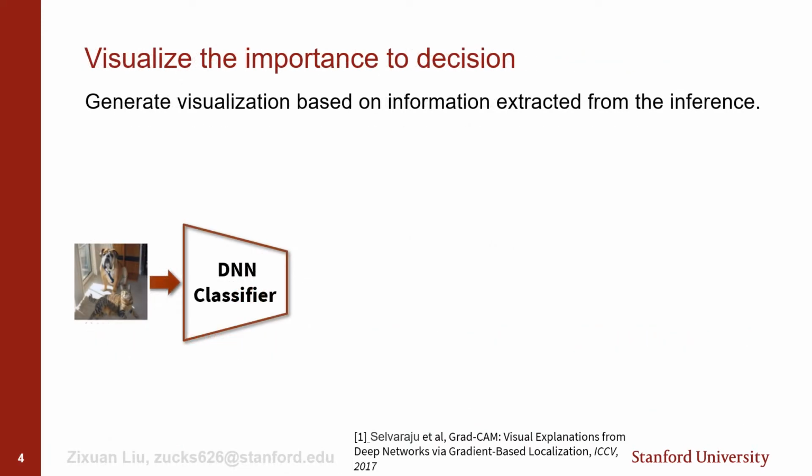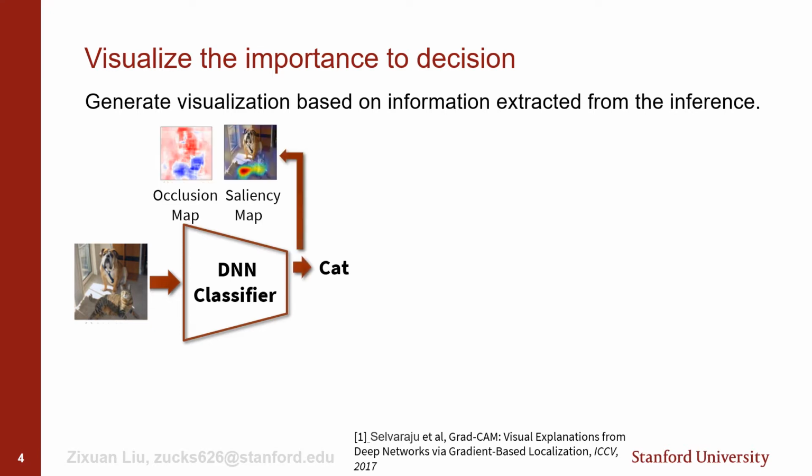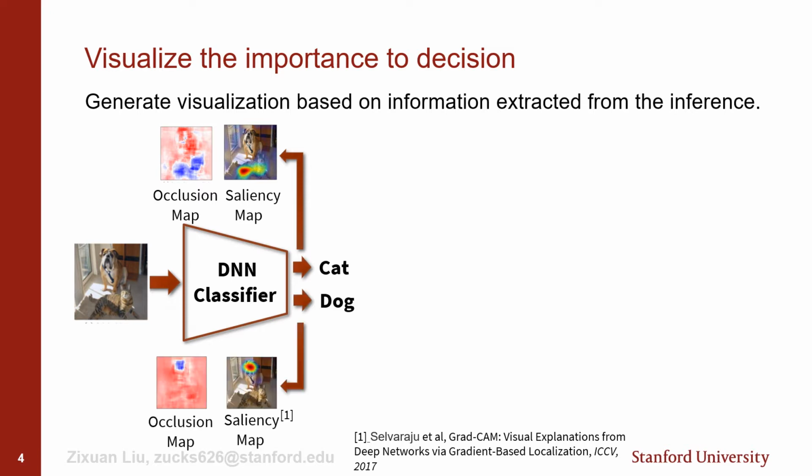There are some prior works that try to develop such visualization algorithms to show the importance of each voxel or subregion of the input image to the decision made by the classifier. For example, if we want to evaluate how a classifier decides an image to be a cat, we can generate a corresponding heat map to show the importance of each pixel. Or if we want to evaluate the decision to consider the image as a dog, we may generate another visualization map.